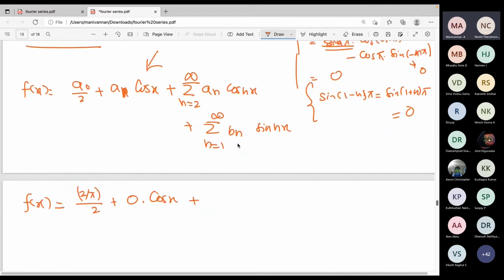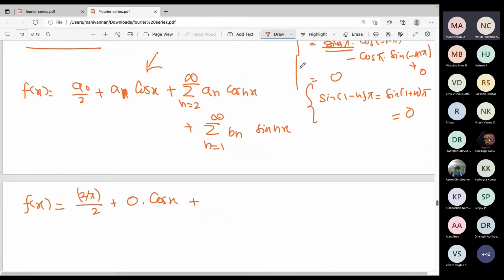So here we can segregate this into two sections, namely sigma over odd numbers only, an cos nx, and sigma over even numbers only, an cos nx.